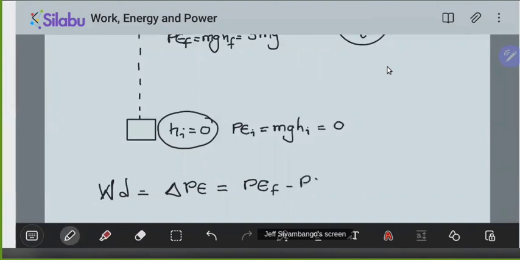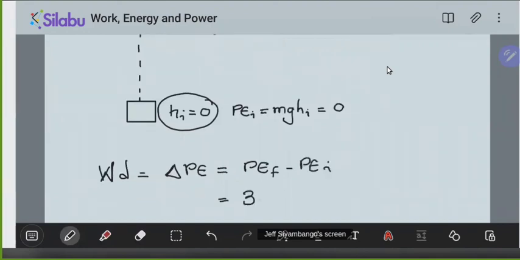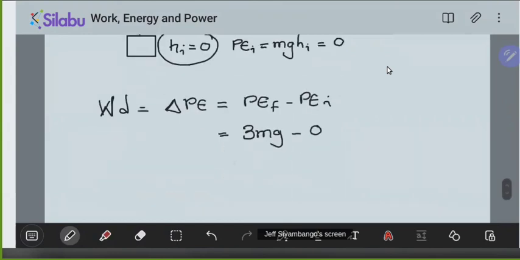PE final, we saw, reduced to just 3mg. PE initial, we saw was 0 because the height there was 0. So in the end, the work done will be equivalent to 3mg. Here, m is the mass of the water, g is the acceleration due to gravity. We have no idea what the mass is. We know g is 9.8, but it's the mass where we have a problem. But all in all, this comes out as the expression for the work done.